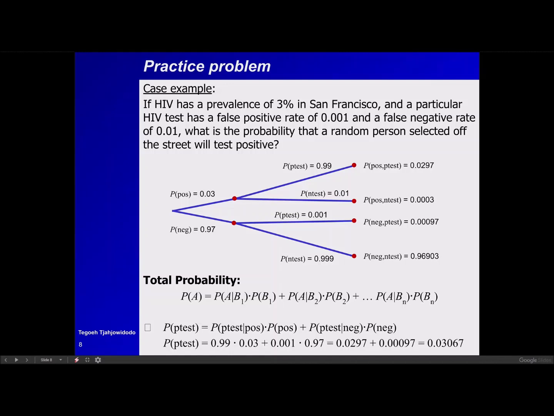Sorry, I guess I said 0.1%. There is 1% of false negative within this positive HIV group, and obviously there will be a 99% counterpart probability of having a positive test.